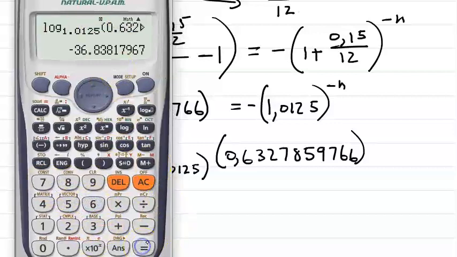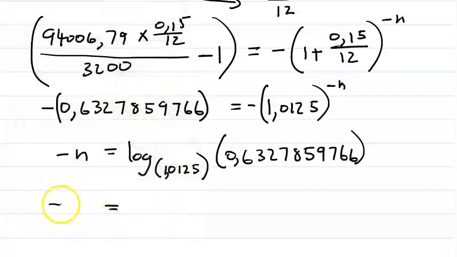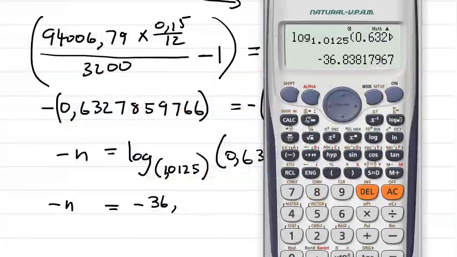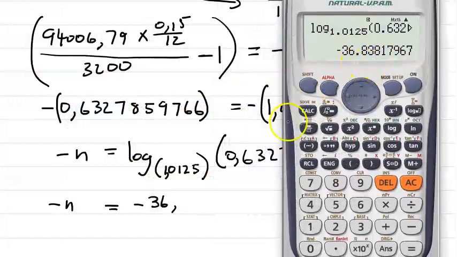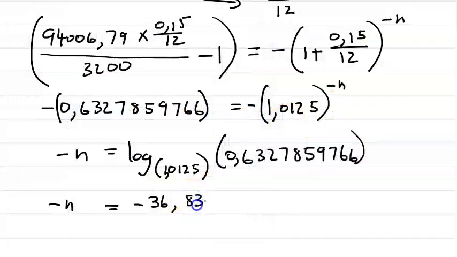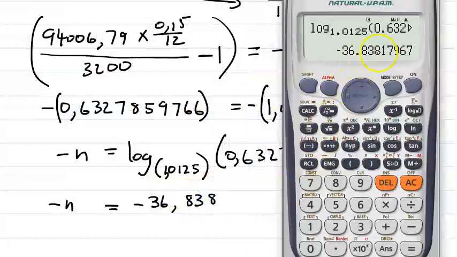And let's see what we get. So that's minus 36.838. So minus n equals minus 36.83817967.